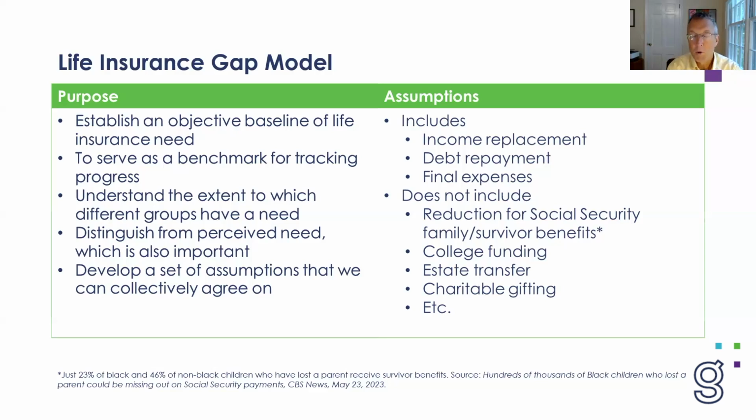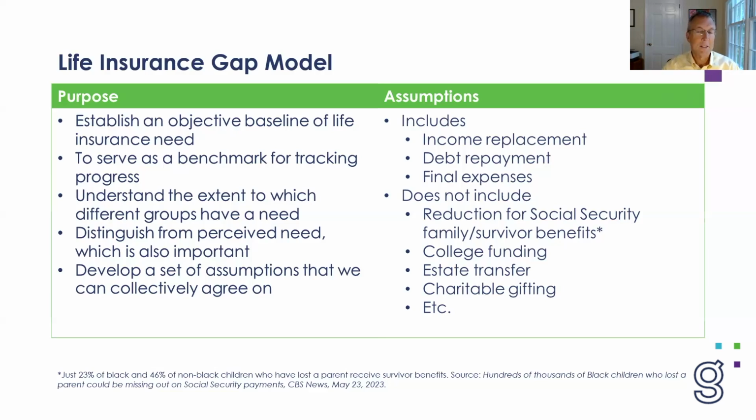One is most calculators actually don't include it. Some do. But I also found an article based upon some research that was done last year that shows that the majority of children eligible for these benefits don't actually receive them. They're not claimed for by surviving parents or others on their behalf.